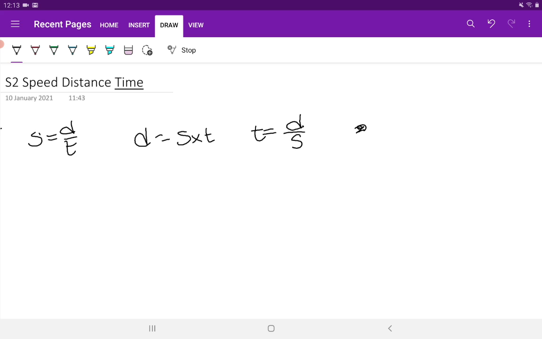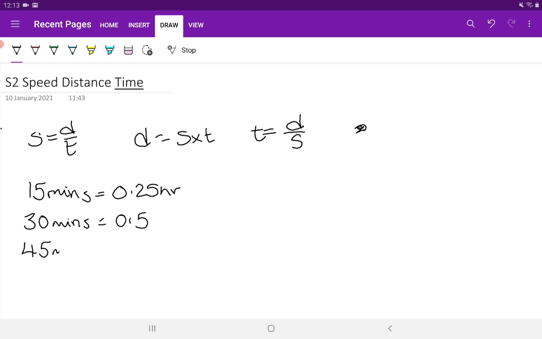And the other thing that you need to remember from before was that when we weren't talking about full hours, so when we were talking about quarter of an hour or 15 minutes, that could be written as 0.25 hours. When we were talking about 30 minutes or half an hour, that was 0.5. And when we were talking about 3/4 of an hour or 45 minutes, that was 0.75.